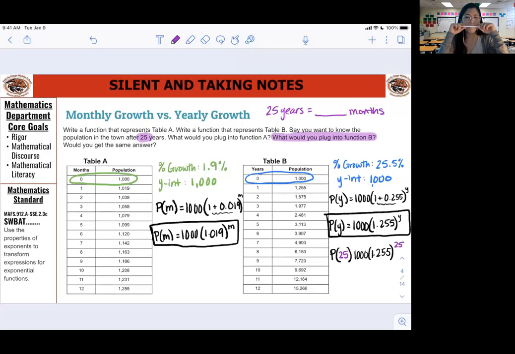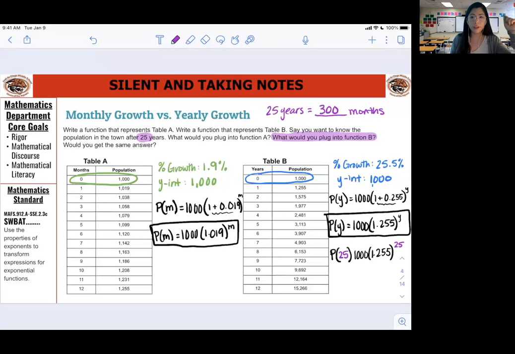Multiplying. Yeah. How many months go into a year? 12, right? So if I've got 25 years, I have to do 12 times 25. Go ahead and do that in your calculator. What do you get? 300. There we go. So it's 300 months.